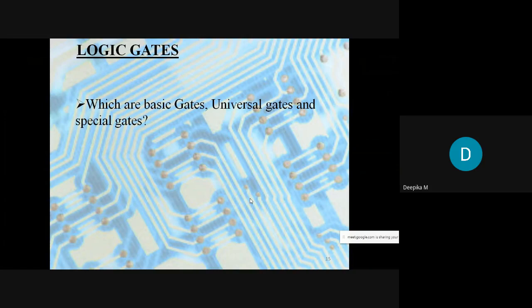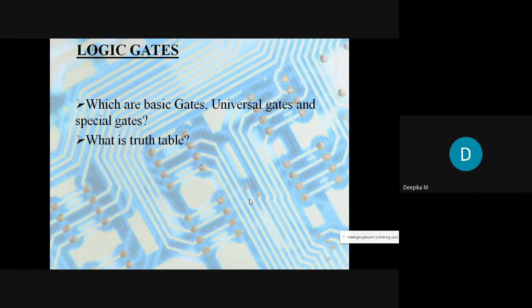Coming to the special gates, these are usually used in combinational circuits, like the adder circuit, the subtractor circuit, and the multiplier circuit. We will be using the XOR gates and the XNOR gates. Those are called the very special gates. So these are with respect to the gates. And what is actually the truth table?